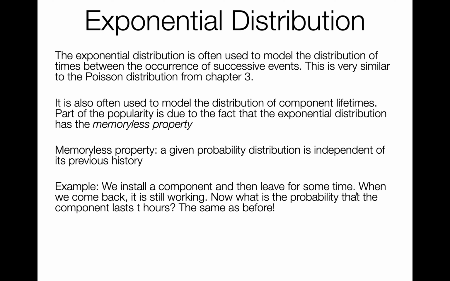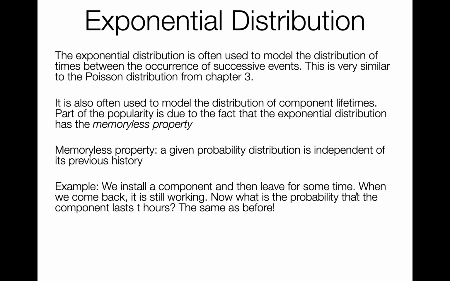The memoryless property says that the probability that that component lasts an additional t hours is the same as before you left. So the probability that that spark plug is going to fail on your car is the same after 2 years as it was the day you bought it. So that's the memoryless property.